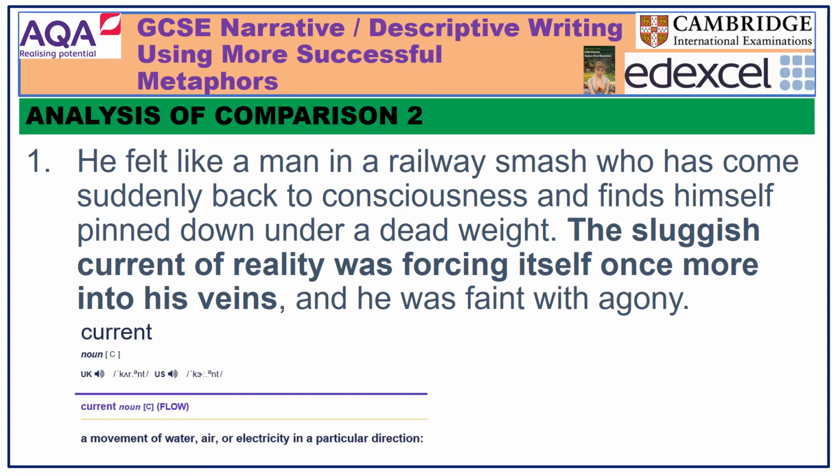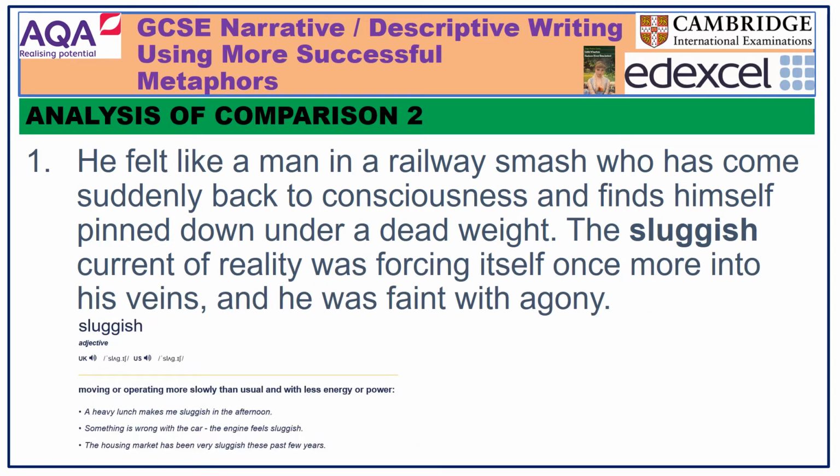As ever, it's often the small details that can make all the difference. And I like the use of the adjective sluggish. I suspect we all know what it means, but for some reason I very rarely come across it when marking my pupils' work.